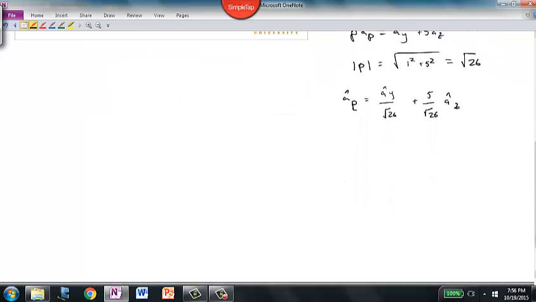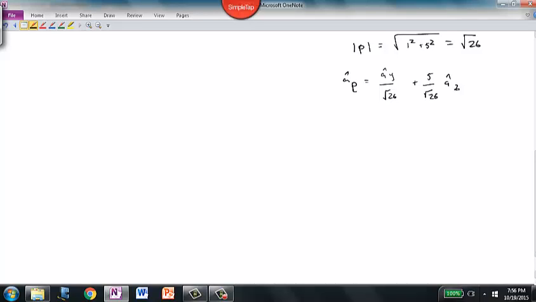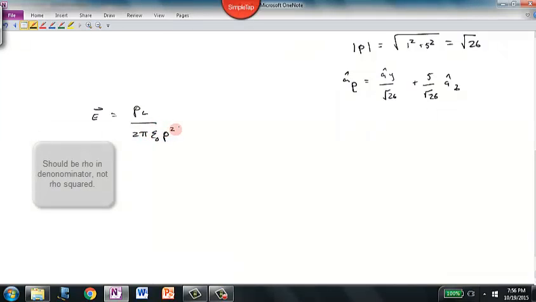I can now take the results of the calculus that I did previously. E is equal to the linear charge density divided by 2 pi epsilon 0 times rho squared, and that points in the a hat rho direction.